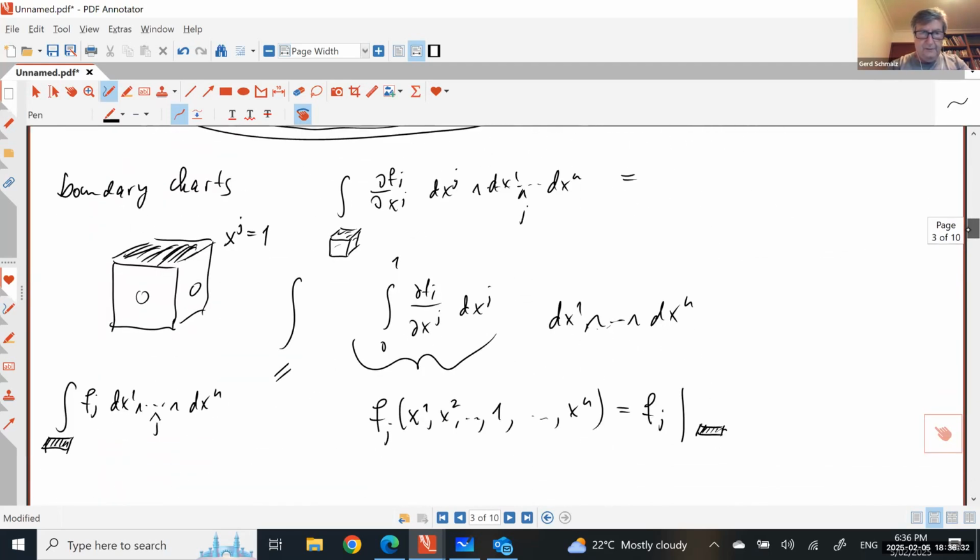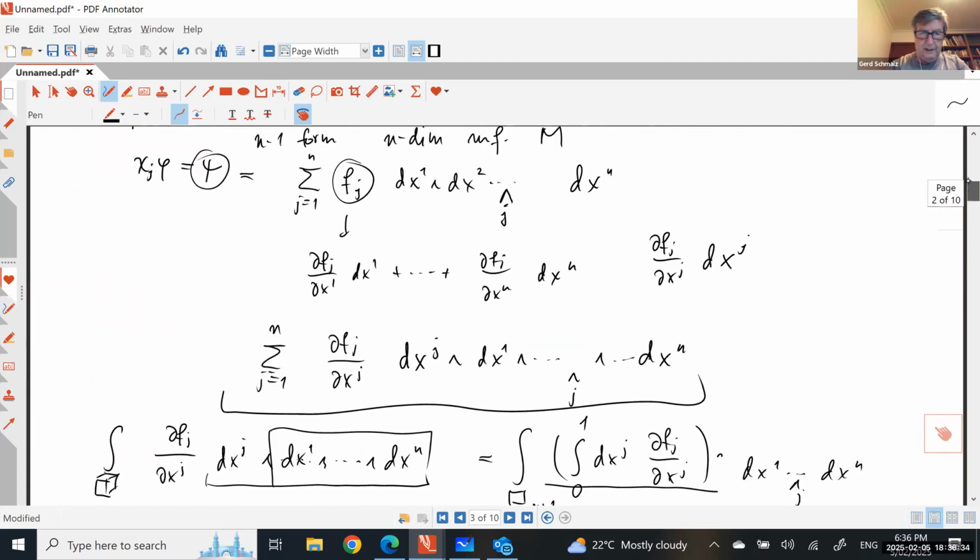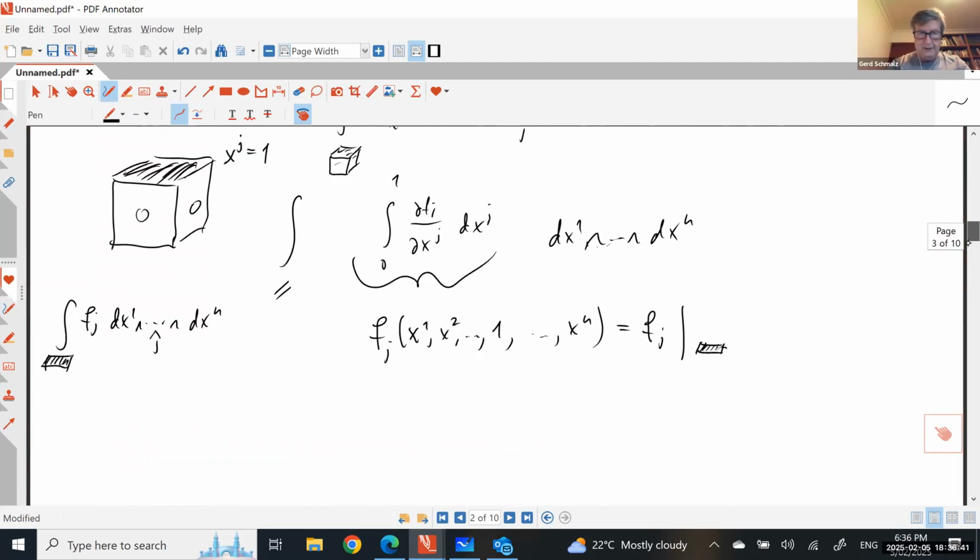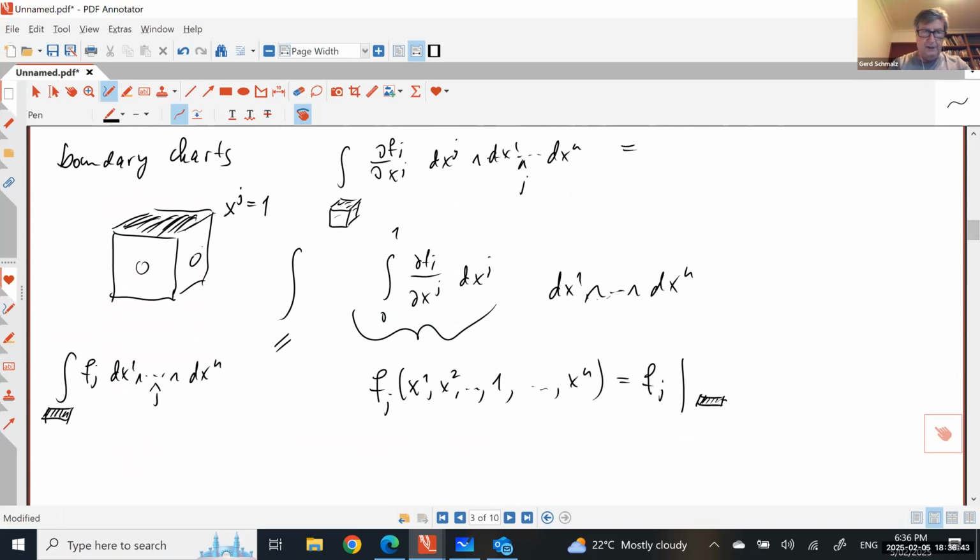So if I would consider another summand of this form, a different j, I would just need to choose a different face of the cube. So that works in all directions, and that is basically also a proof for Green's theorem. It's a proof for Gauss's theorem, and it is also a proof for the traditional Stokes theorem.